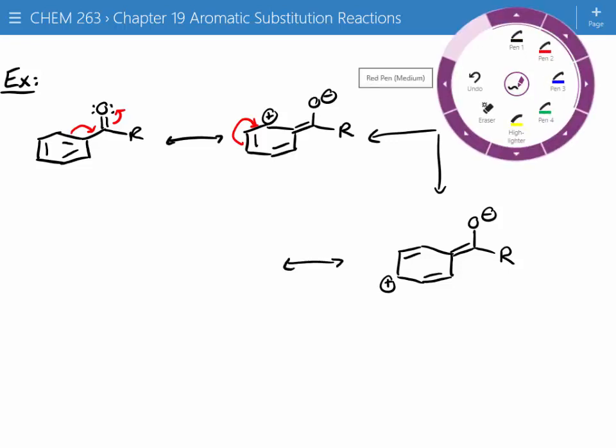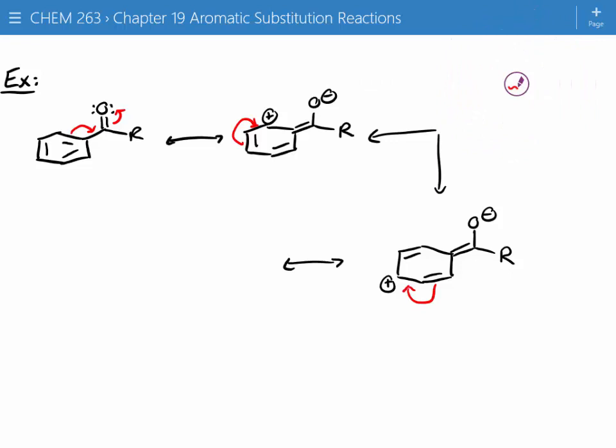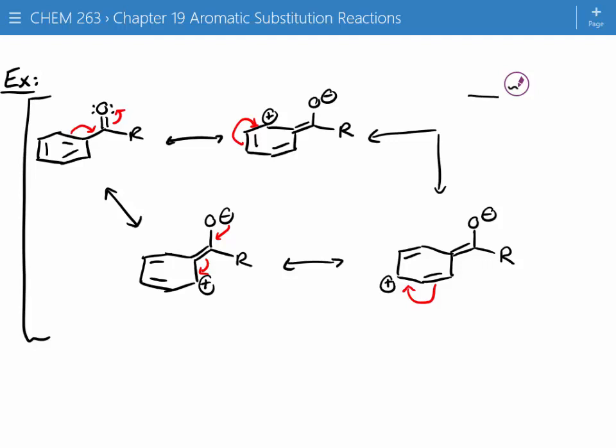And we can keep on pushing this even further. Let me slide this over a smidge more. And we get a positive charge in our other ortho position. And we can even show it going completely back to our original structure by doing that. So let's put these all in a bracket to indicate that they're resonance structures.